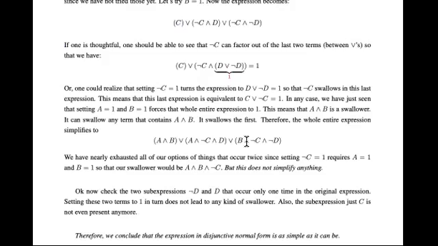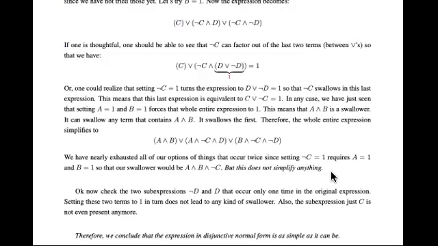Now we can keep going. We've exhausted all the things that can occur twice. Let's just see what happens when we set this not C equal to 1. I kind of talked about what we could do here.